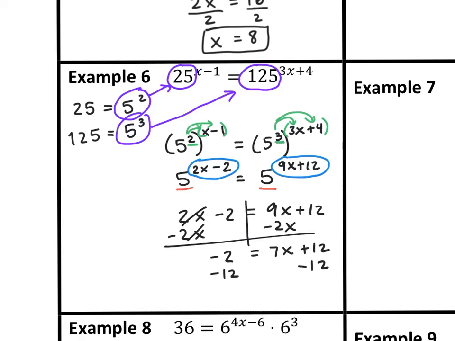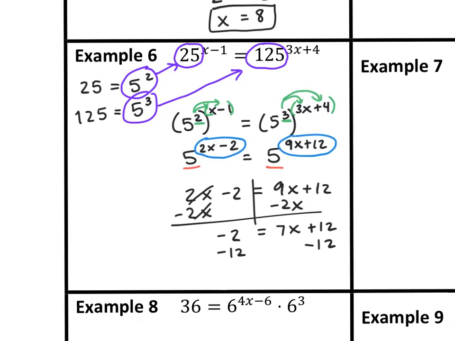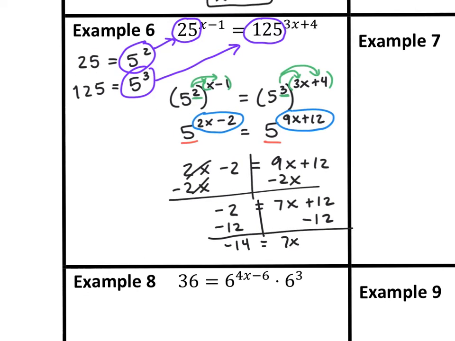And let me move this up a little bit. Okay, subtract 12. And negative 2 minus 12 is negative 14 equals 7x. And divide both sides by 7. And so my conclusion is x equals, what's negative 14 divided by 7?